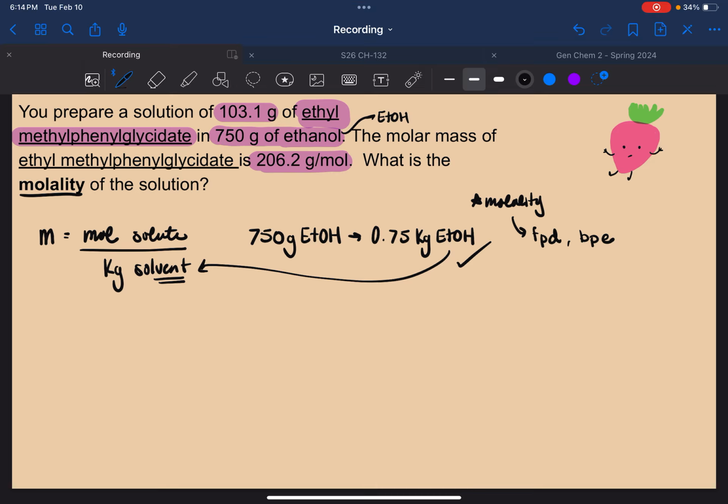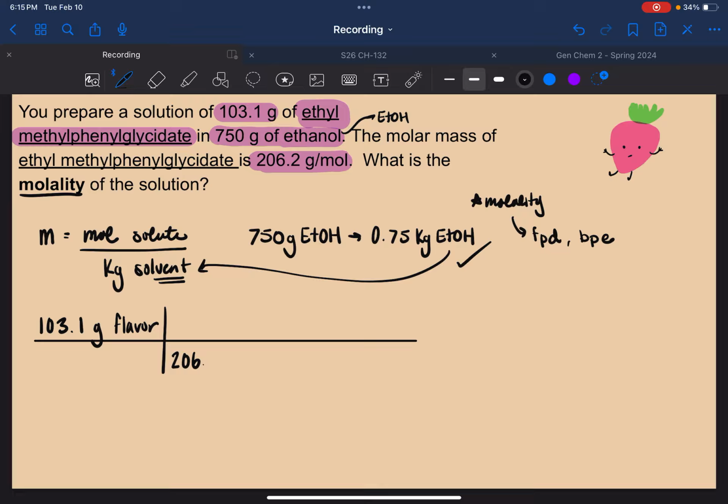Check. Now you need moles. So that's just a classic conversion. You have 1.3 grams. I'm not going to write out ethyl methylphenyl glycidate. I just simply don't have the screen space. I'm going to call it flavor. This is, at least in the case of this hypothetical solution, the only flavor at hand.